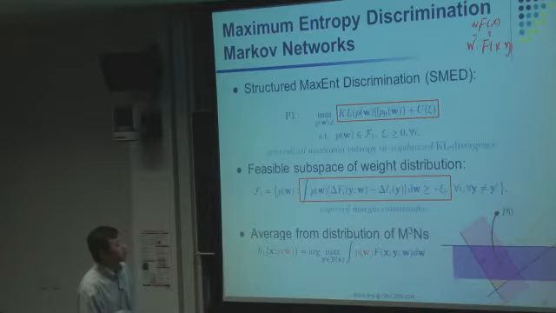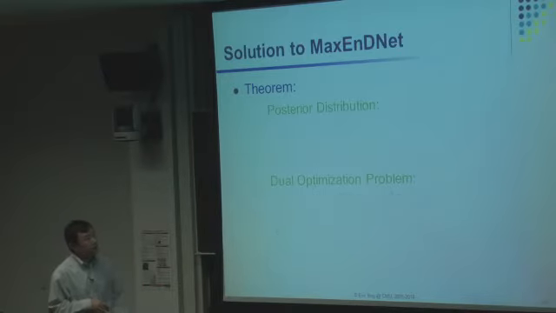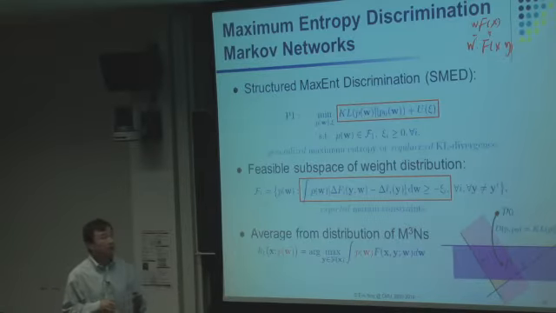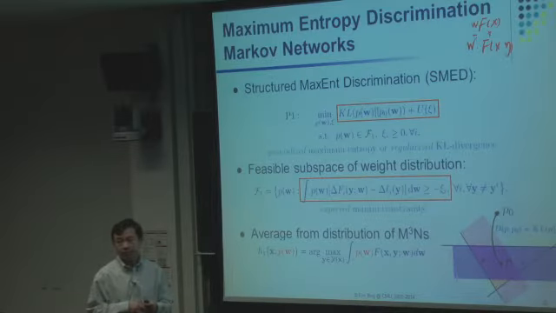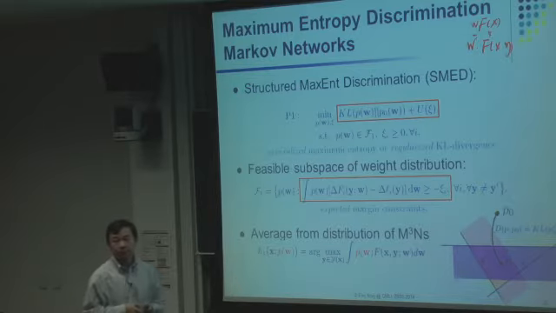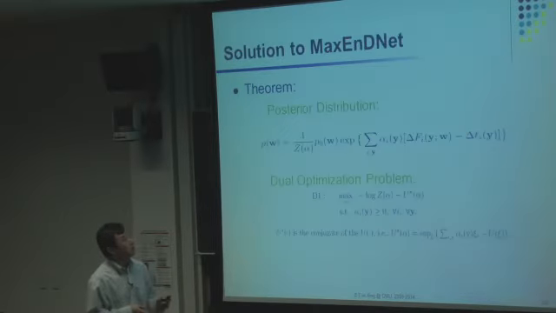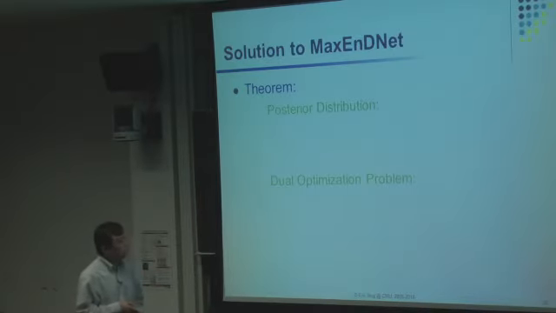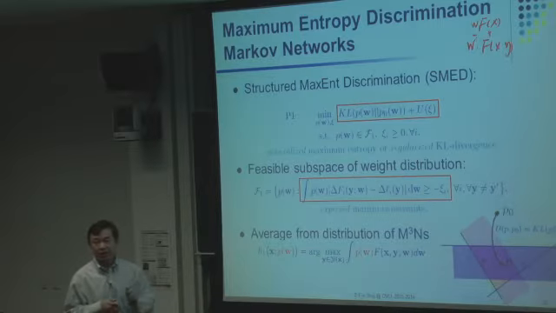Now the solution depends on what kind of model or assumption you make. For example, this P0 is something you can use as a tuning knob. What is the prior distribution of W? Let's look at the example. First of all, there is a generic solution in a symbolic sense to this problem.